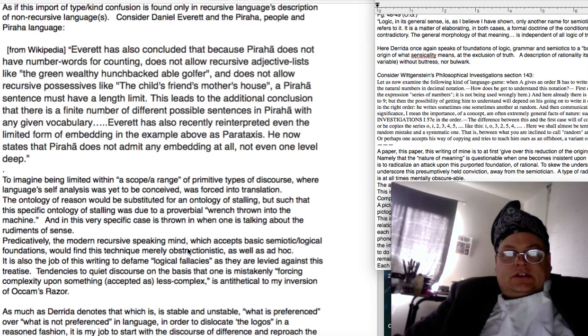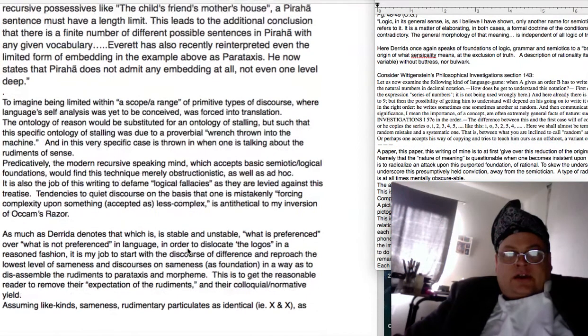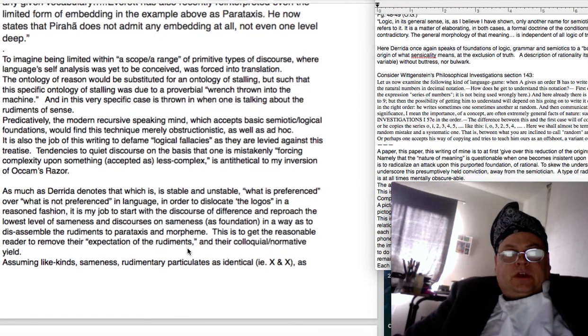This leads to the additional conclusion that there is a finite number of different possible sentences in Piraha with any given vocabulary. Daniel Everett has also recently reinterpreted even the limit form of embedding in this example above as parataxis. He now states that Piraha does not admit any embedding at all, not even one level deep. End quote.